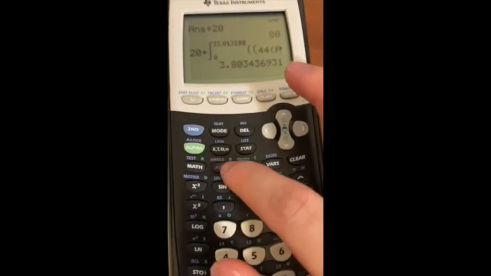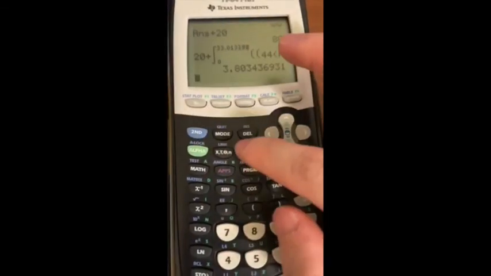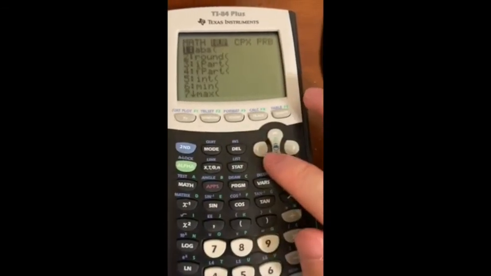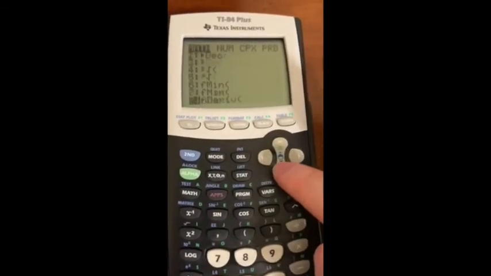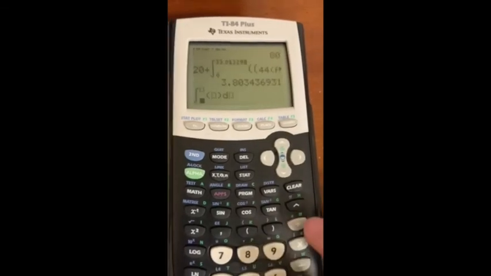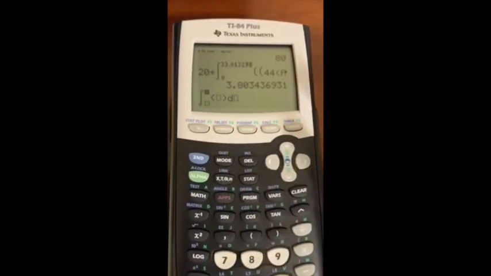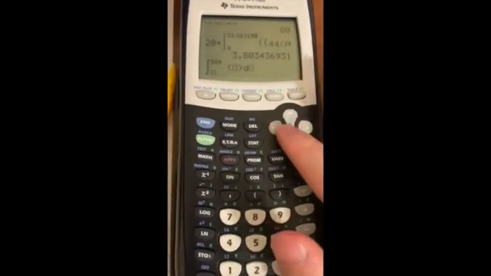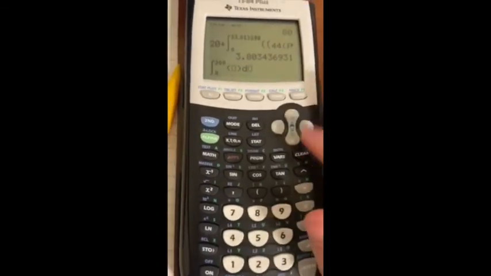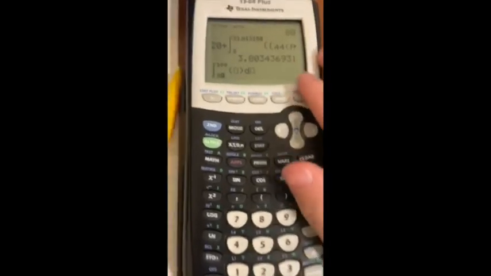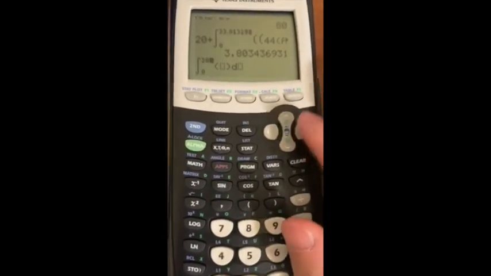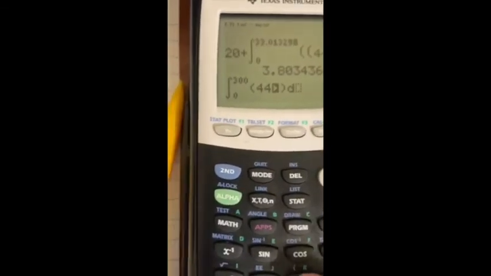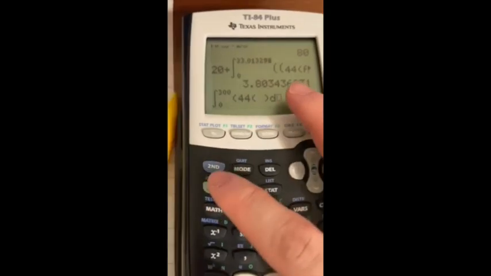Where is it? Sorry, not second. Math. Okay, let's go to the math mode and then get the integral on the calculator, and then we go to 300 and 0, and then we plug in the formula that we were given, and you can use any variable really.